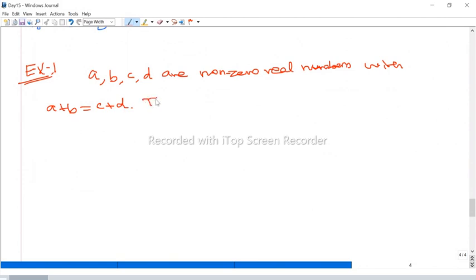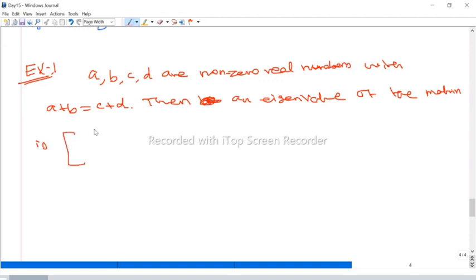Now what is the question? Then an eigenvalue of the matrix is, so what is the matrix?